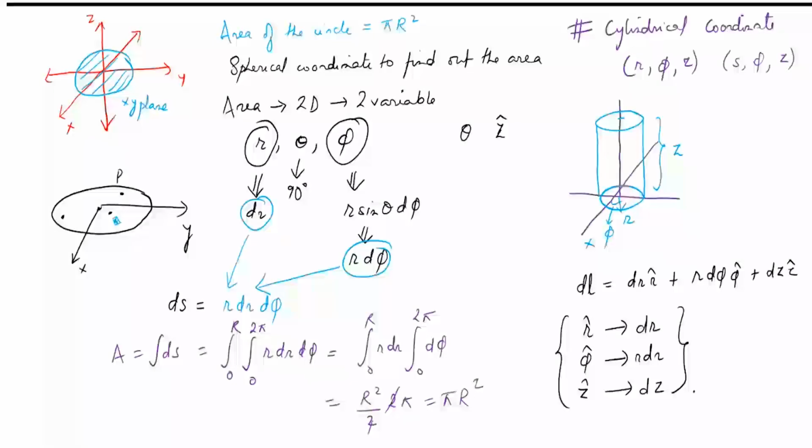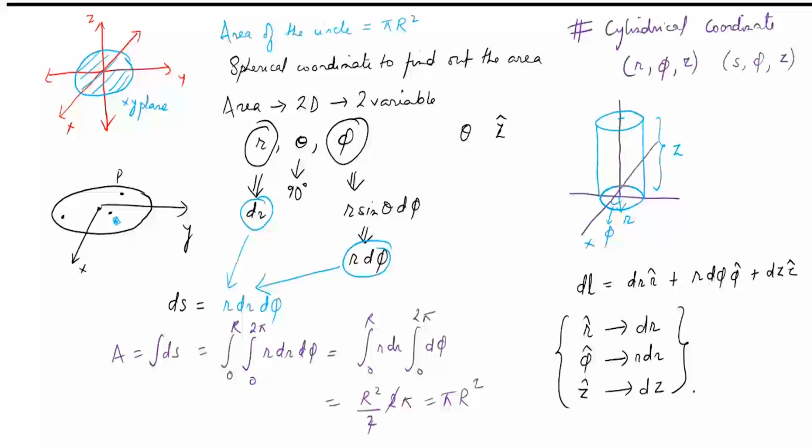Okay. Now, let's try to solve one numerical here. I hope everyone has understood something about spherical and cylindrical coordinates and how to implement them for finding the area or volume.